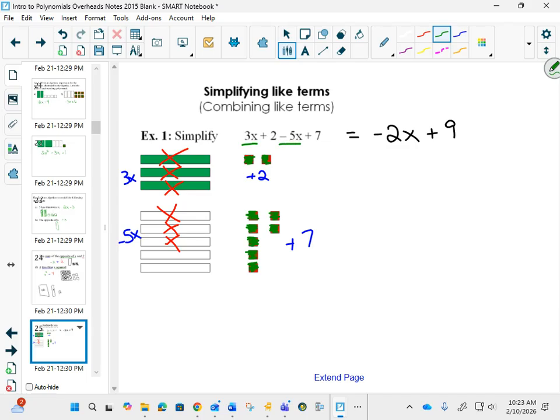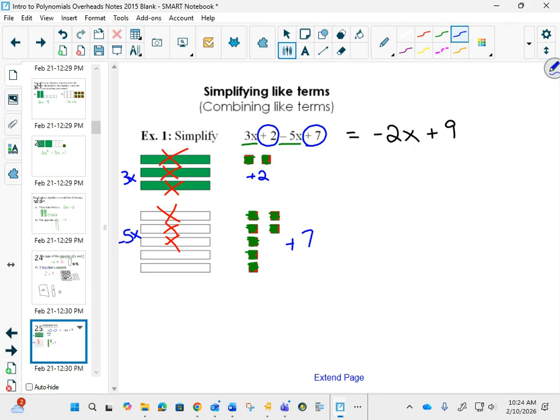I like starting with different symbols. Here I'm circling those because those two are like terms as well. And if you have a third one, you might put a square around them. Notice that I also included the sign. I have 3x's minus 5x's.